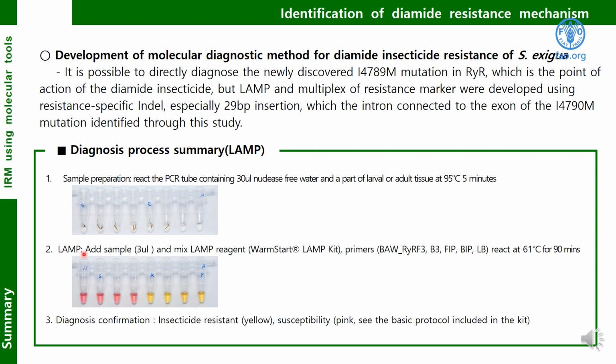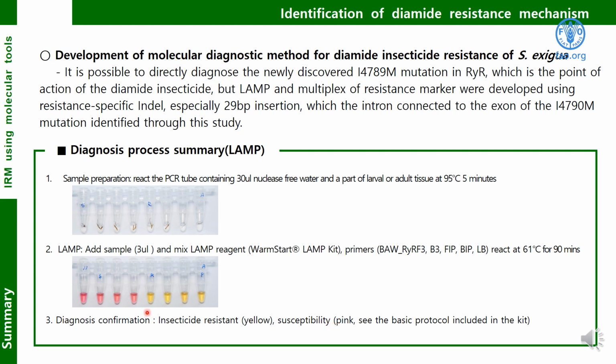Transfer 3 microliters of the supernatant to another tube, mix LAMP reagent and primers, and react at 61 degrees Celsius for 90 minutes. Then we can check the result. For diagnosis confirmation, resistant turns yellow and susceptible will be pink.